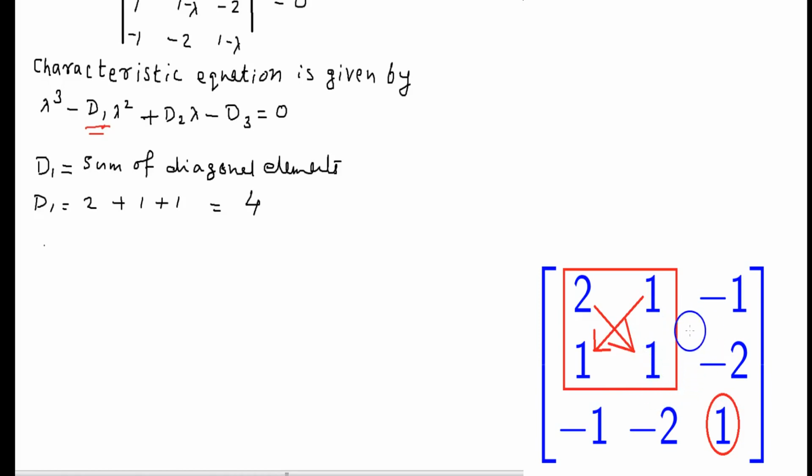Ignoring the elements in the third row and third column, the rest of the elements form the minor of the leading diagonal element 1. That is mod 2, 1; 1, 1.